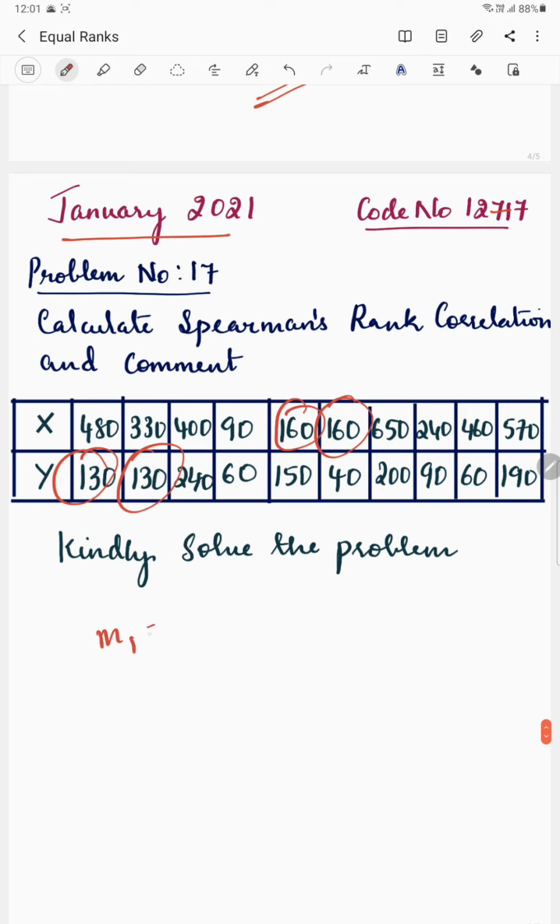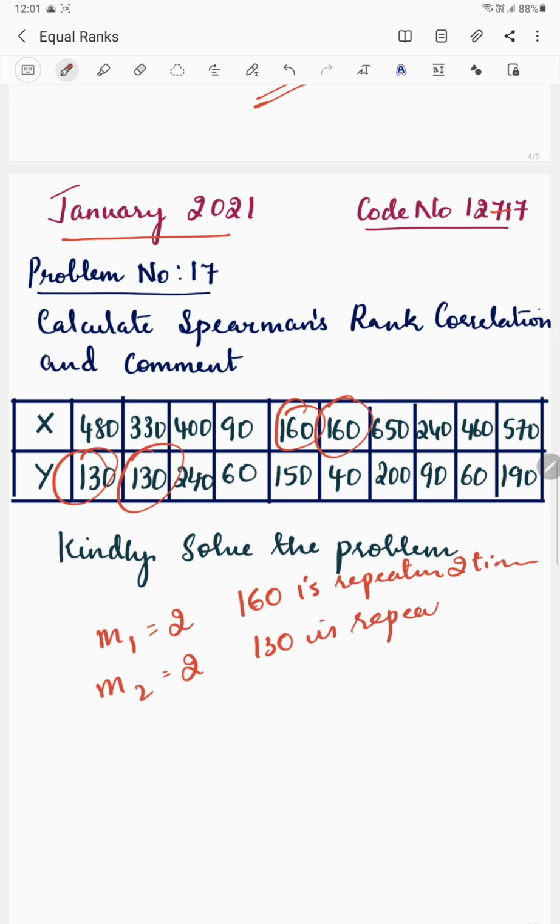So in this sum we'll have m1 as 2 and m2 as 2 because 160 is repeating 2 times and 130 is repeating 2 times. So that's the only difference. Rest all would be the same.